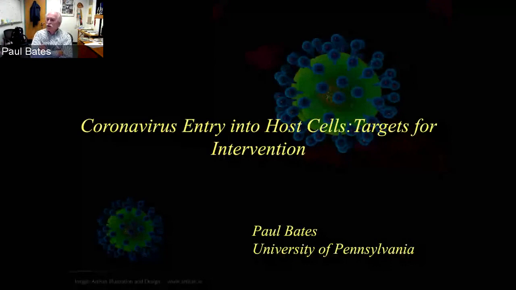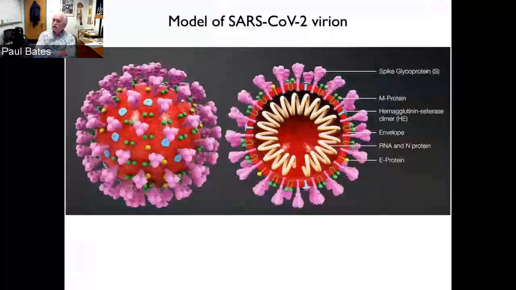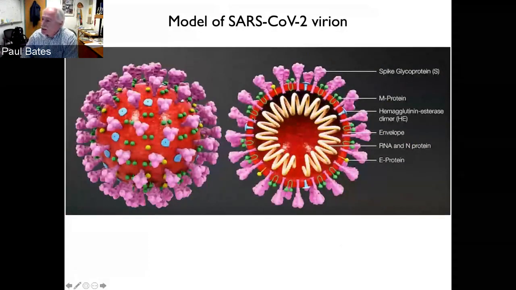So if we start by looking at a model of the SARS coronavirus 2 virion, for simplicity's sake, from now on, I'm going to call this SARS-2. The virion is shown in cutout here, and the main feature on the surface of the virion are these very, very large prominent spikes.